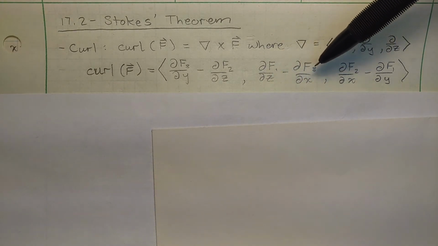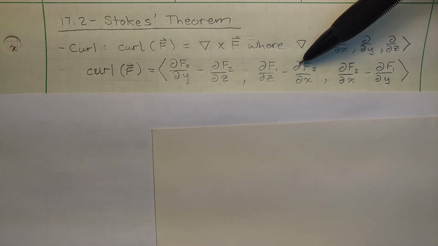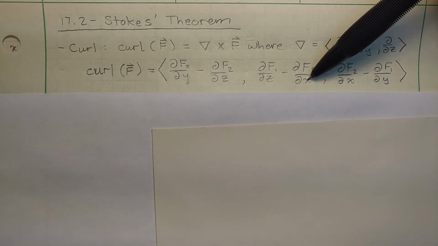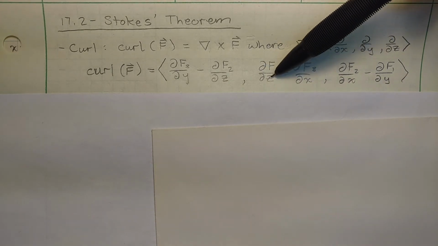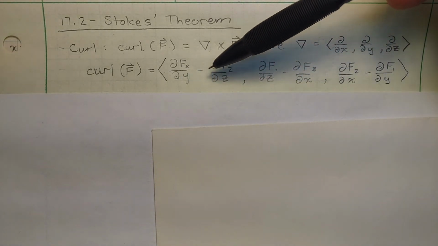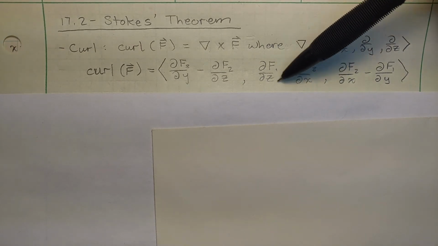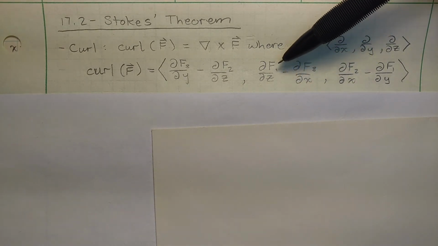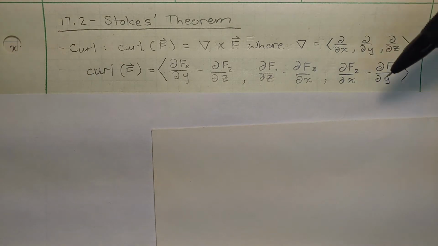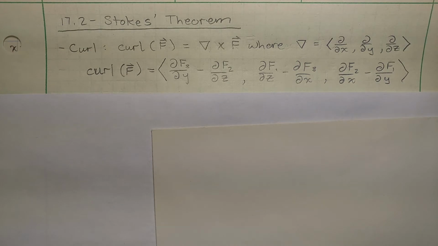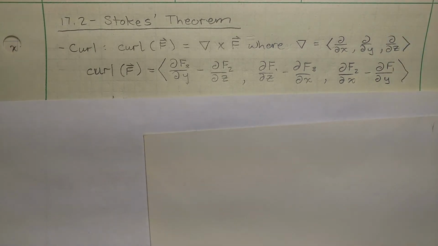Normally it would be the derivative of the z component with respect to x minus the derivative of the x component with respect to z, but since it's minus, we switch the order. Notice there are no derivatives with respect to y in the y component. Then for the z term, there are no derivatives with respect to z, and we go x and then y, so we take the derivative of the y component with respect to x minus the derivative of the x component with respect to y. That's the easiest way I've been able to figure out how to memorize that. That would be the best I could offer you.